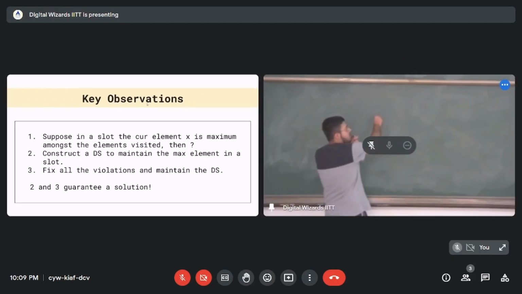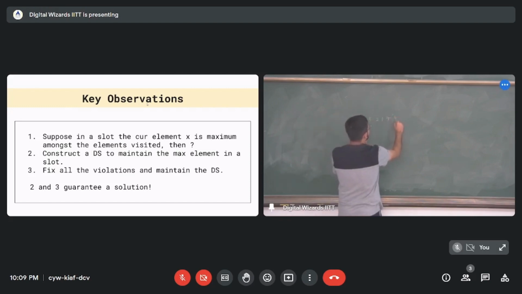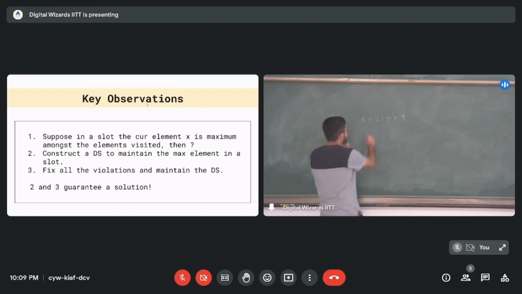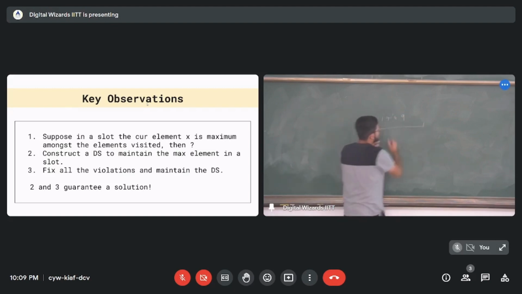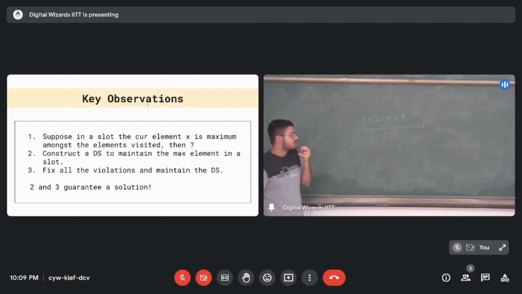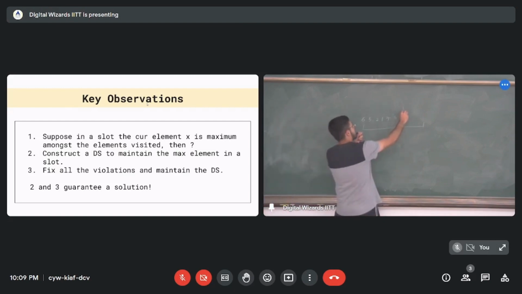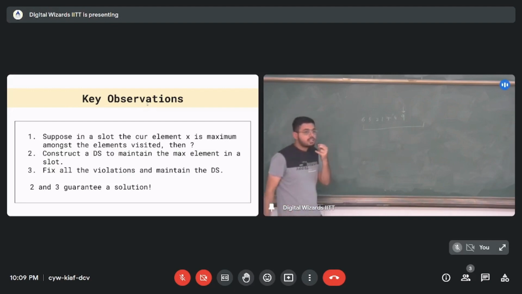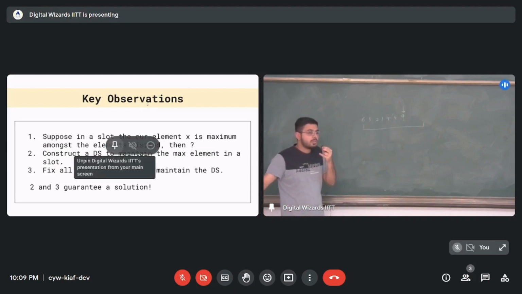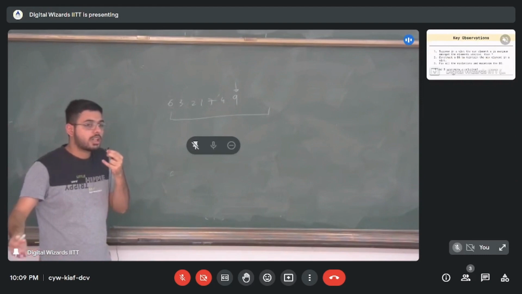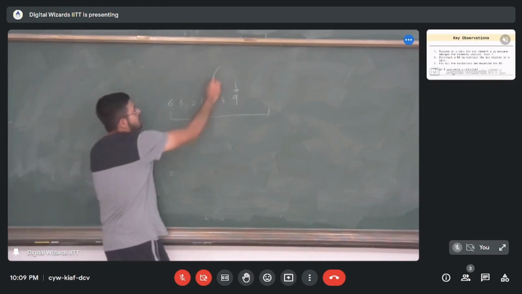Suppose you are given the array 3, 2, 1, 7, 4, and suppose 9 is there, and you are given some window size which is very large, like this. Suppose you are standing here. Is there something you could avoid calculating? Could you avoid calculating the maximum for this whole subarray?